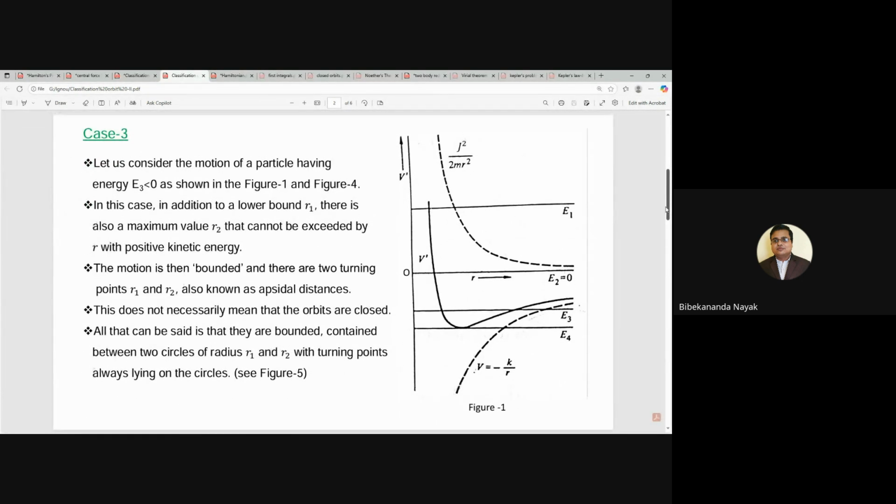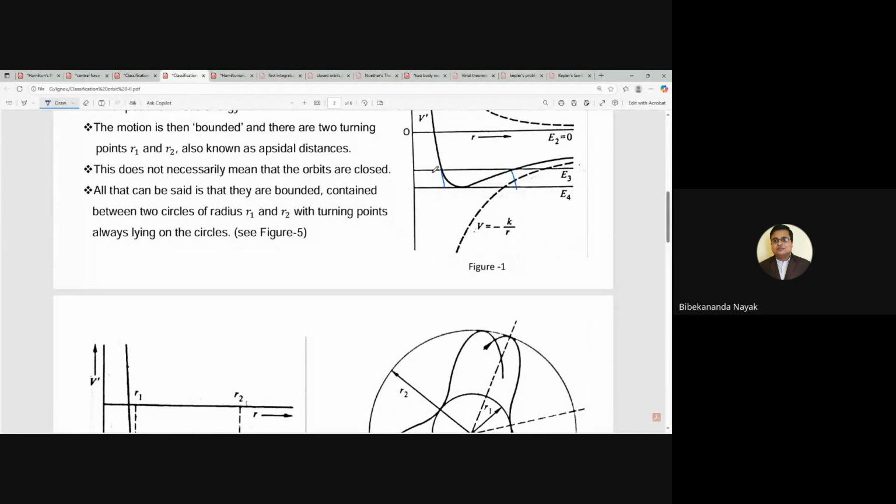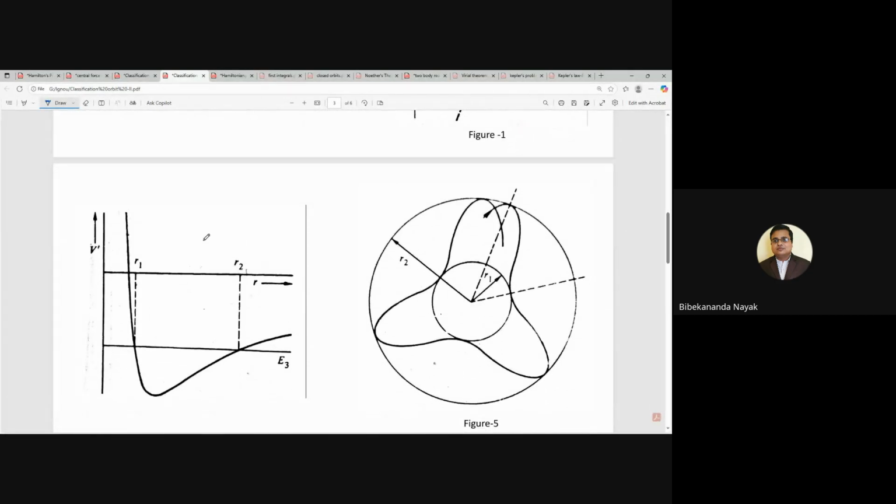Energy less than 0, or E3 less than 0, we actually have two turning points, R1 and R2. First one is R1. This is R2. Within these two points, the motion occurs. That means the motion is bounded. Its special case is the elliptic one. Motion is between two points, somewhat elliptical, or looks like this shape.